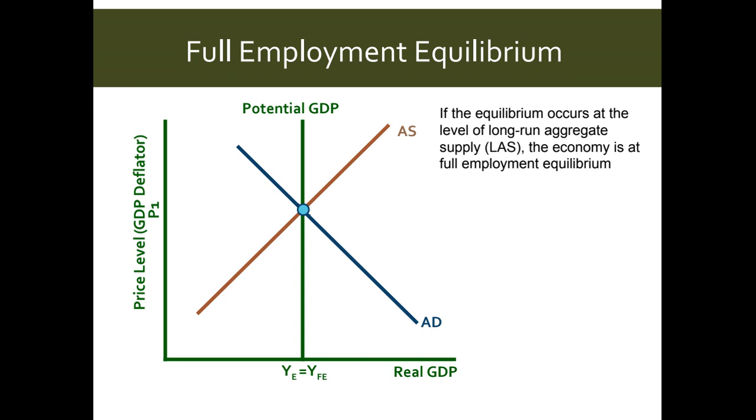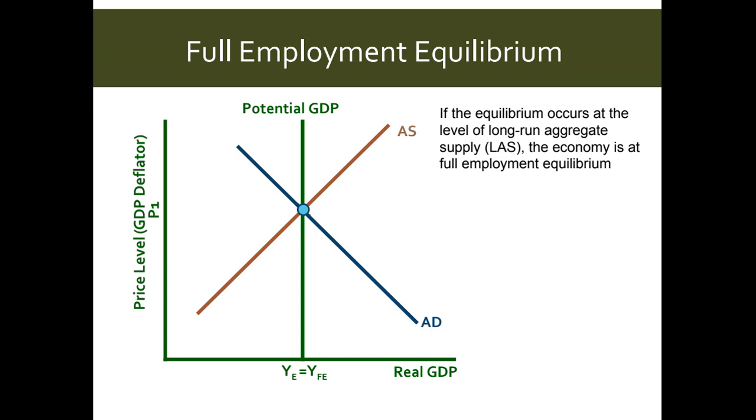That is why we are saying full employment equilibrium. By equilibrium, I mean when aggregate demand equals aggregate supply. So when aggregate demand curve intersects aggregate supply curve, that point of intersection is equilibrium. If this equilibrium is at the full employment also, this is called full employment equilibrium. So this is what is written here. If the equilibrium occurs at the level of long run aggregate supply, the economy is at full employment equilibrium.